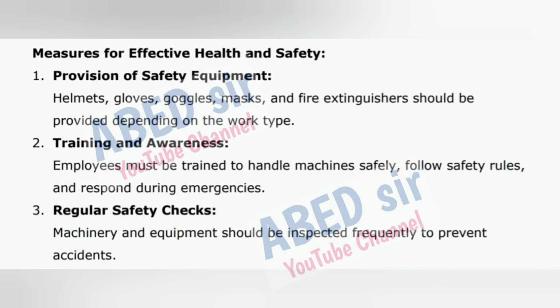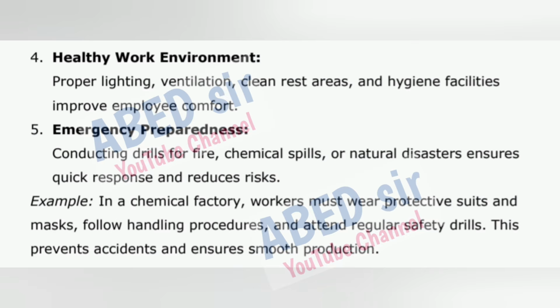3. Regular safety checks. Machinery and equipment should be inspected frequently to prevent accidents. 4. Healthy work environment. Proper lighting, ventilation, clean rest areas, and hygiene facilities improve employee comfort. 5. Emergency preparedness.